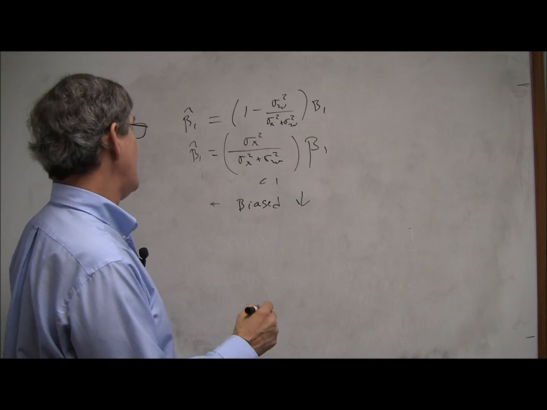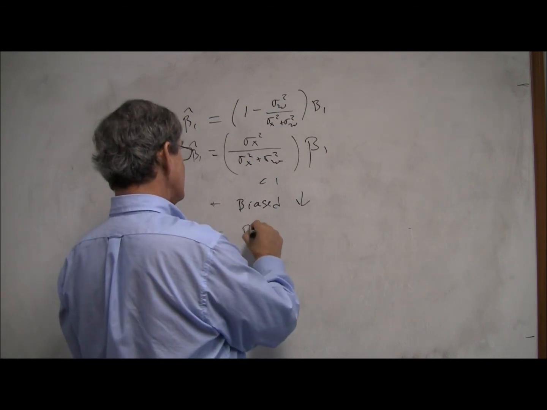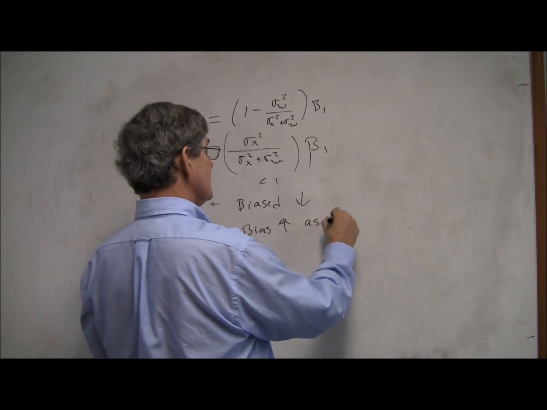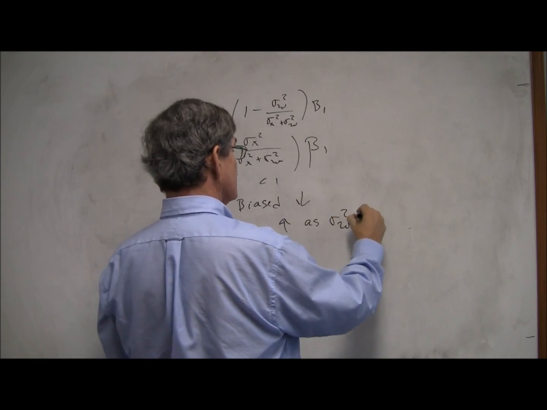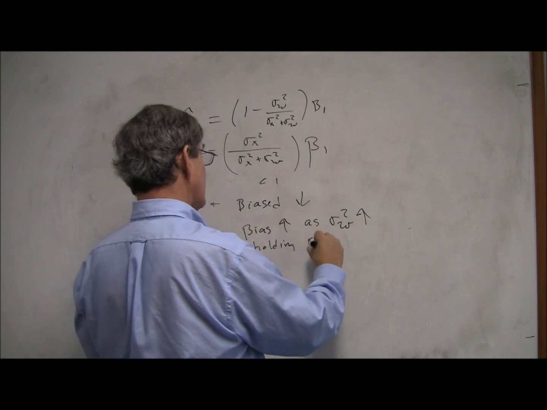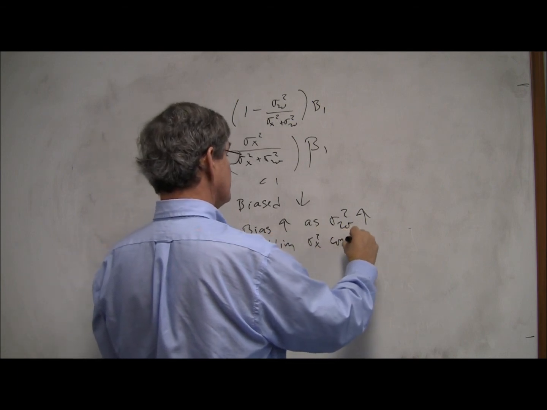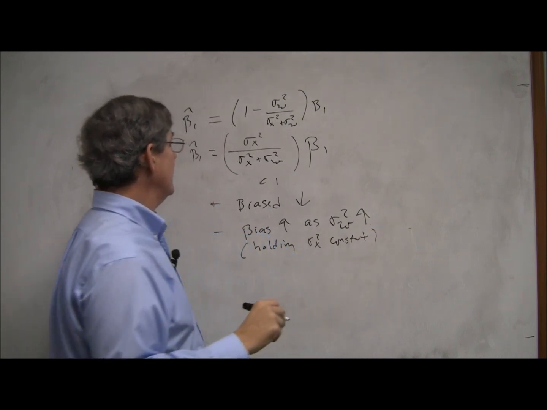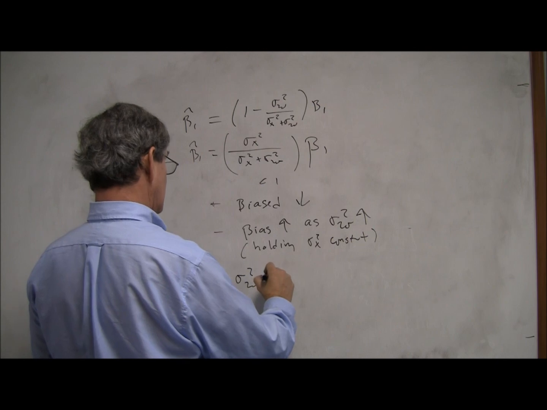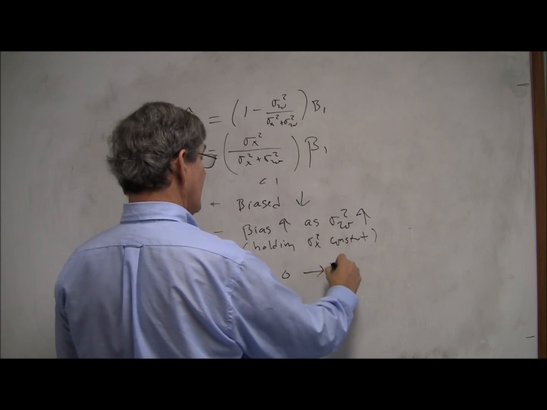And that's bad. The bias is larger as sigma squared w goes up, holding sigma squared x constant. If sigma squared w is 0, there's no bias.